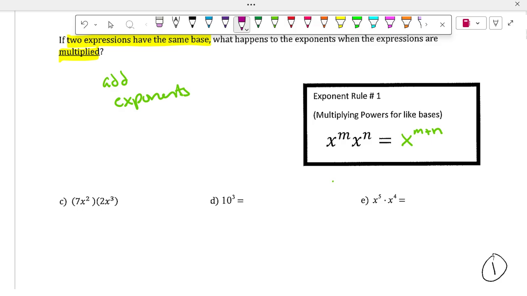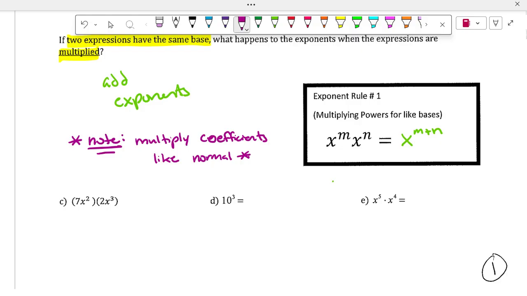Now, something to note, because surprisingly, this does happen more than I care to admit. Make sure you multiply coefficients, those numbers, like normal. For whatever reason, I found this happening in the past a lot.